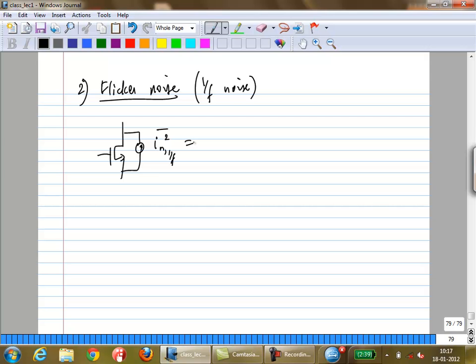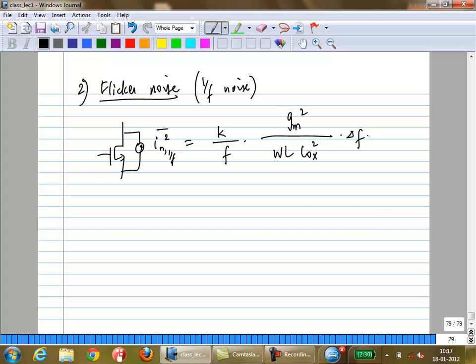If you look at this expression, some empirical factor K, which you have to determine from measurements, over F times GM squared over WL Cox squared times delta F. This is the noise power.